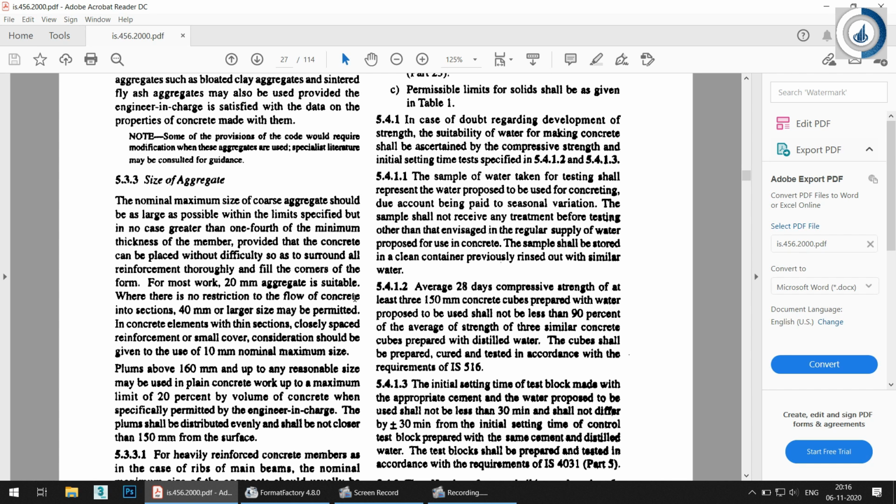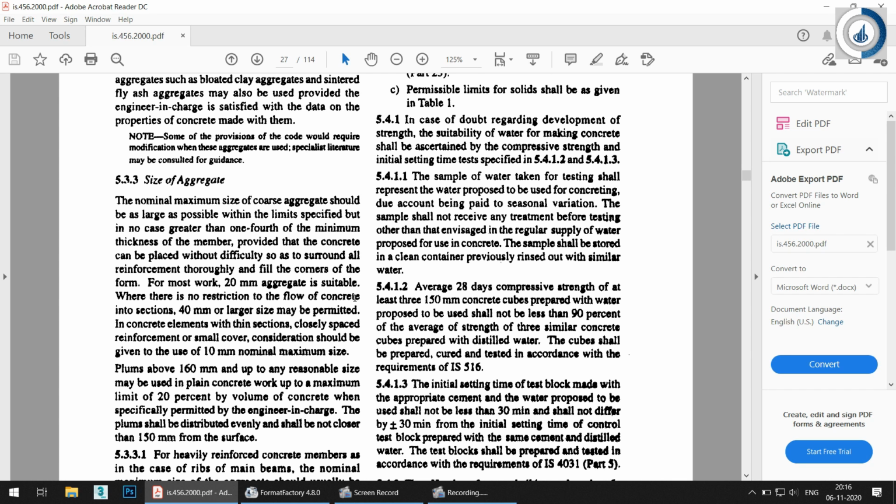You have to make the concrete with that same water and produce 3 cubes, and the values of those 3 cubes shall not be less than 90% of the average strength of the cubes prepared with distilled water.